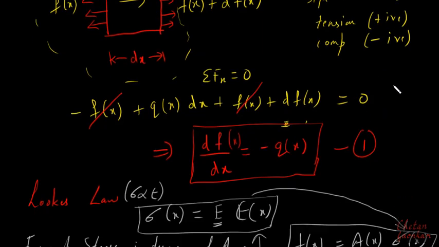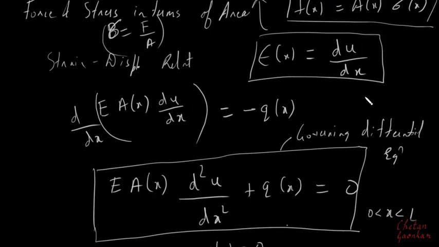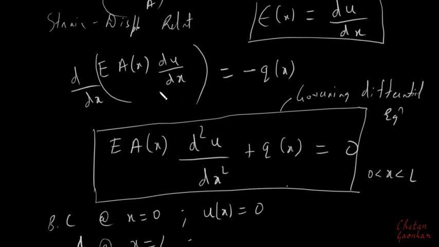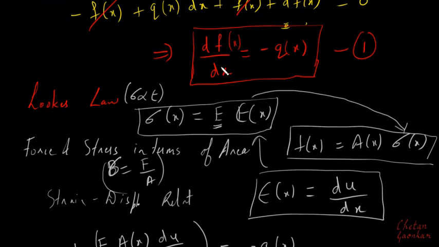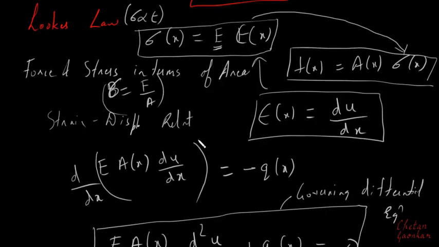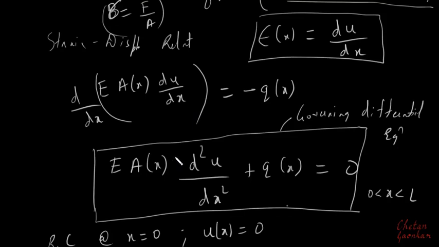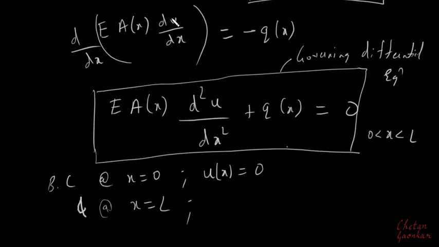Fine. Now here we have a general expression for force. This is the expression for force, right? Because we had the equation d f of x by dx, so f of x we have replaced by this. But this expression is at any value of x.